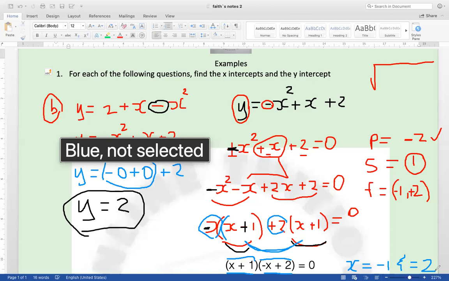So these are the 2 points where the graph cuts the x-axis, and the same graph is going to cut the y-axis at that point. Any questions?